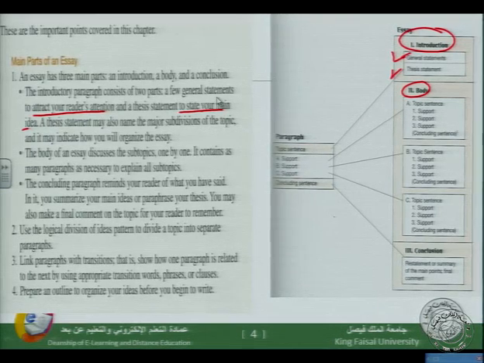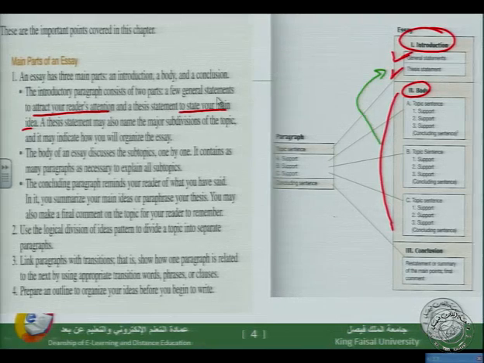You understand what I'm saying now? So in the body paragraph, we have as many topic sentences, as many paragraphs, to support your thesis statement in the introductory paragraph right here. So these are all the supporting details for your thesis statement.